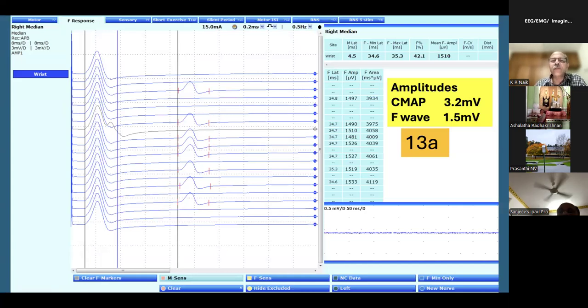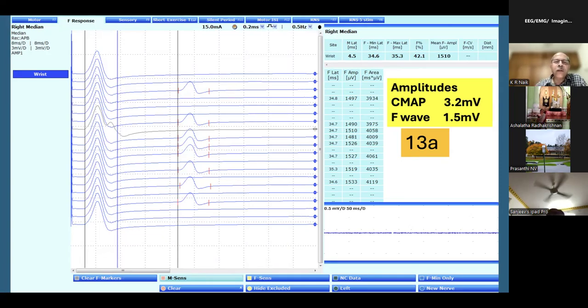So there is axonopathy. In addition, we have this single F wave, which is occurring with an amplitude of 1.5. So there is axonopathy and we have a large F wave. F wave amplitude is more than what is recommended. Most F waves should be less than 5% of the M because at no time is the whole muscle fiber going to be receptive in the motor unit.